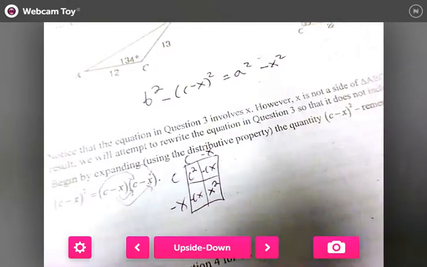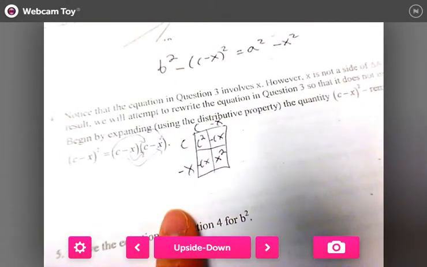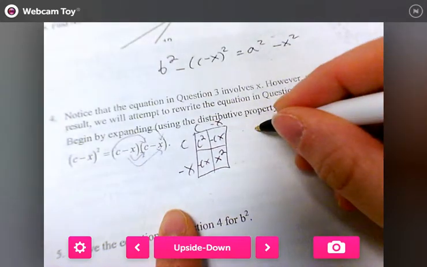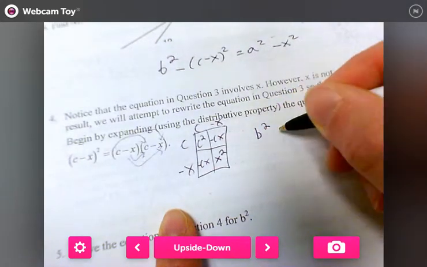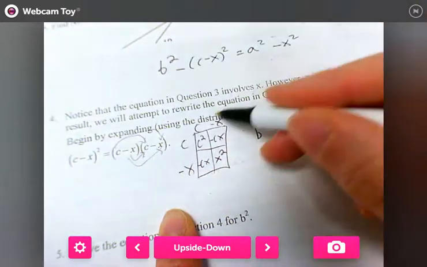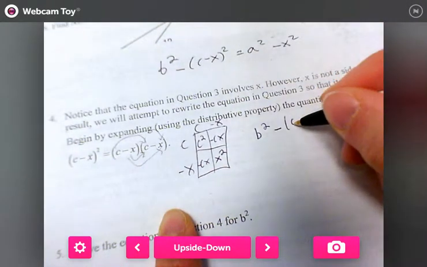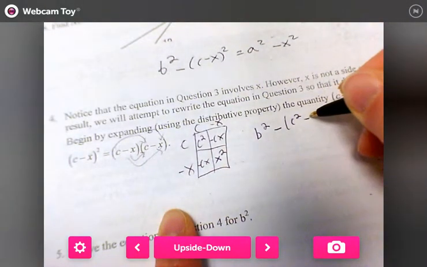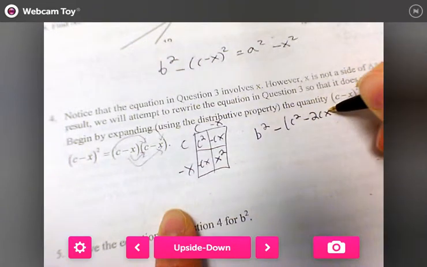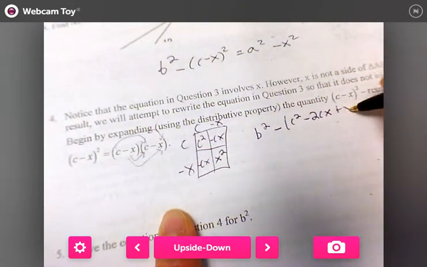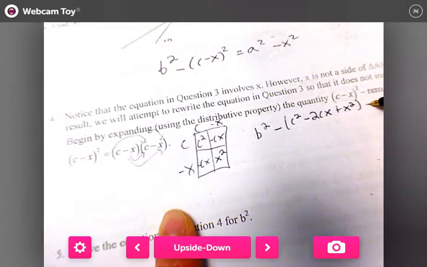All right? So now I have b squared minus this, minus c squared minus 2cx plus x squared equals a squared minus x squared.